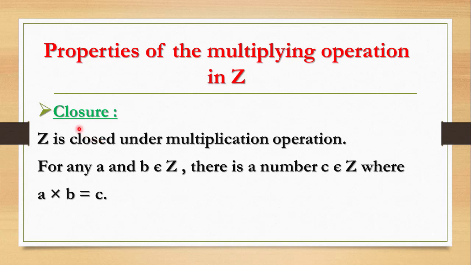The first property here is closure. What does it mean? It means that Z is closed under the multiplication operation.